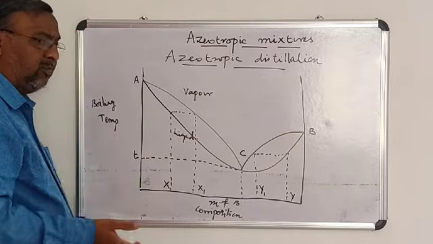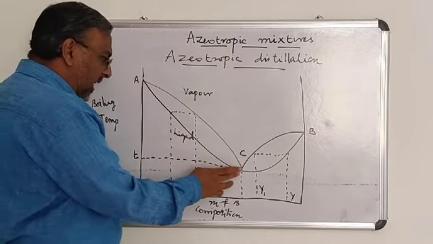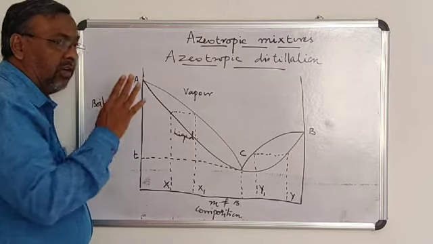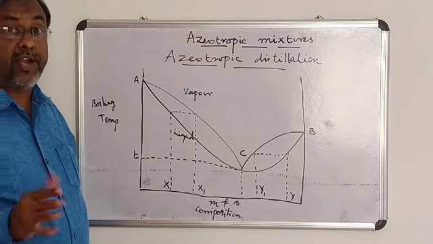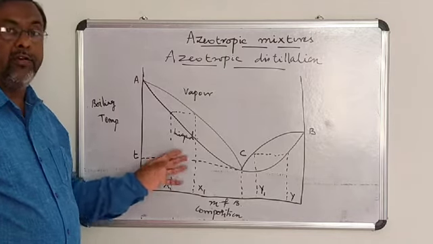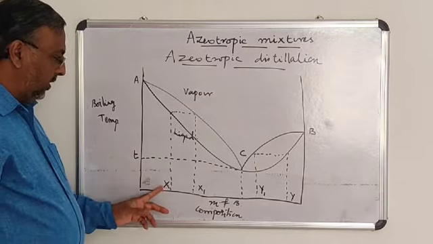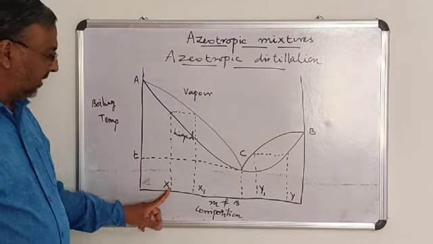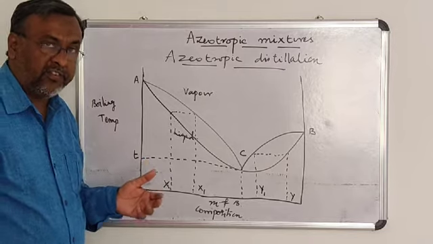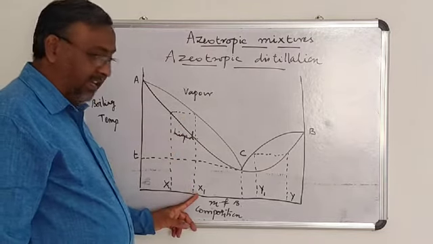As the distillation proceeds, what happens? The distillate will contain only C and the residual liquid will contain only A, but we cannot separate B. This is the peculiar property of the azeotropic distillation process. When a solution of composition X is heated and distilled, the first distillate collected will have the composition X1.